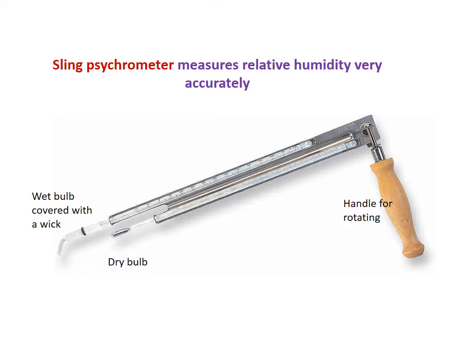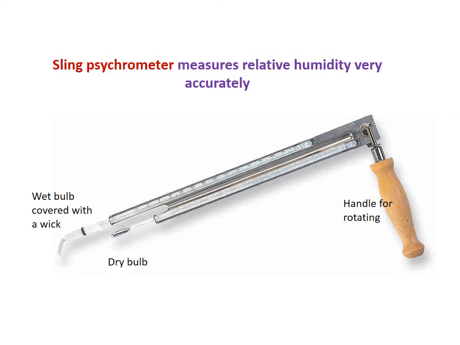So it has a wet bulb and a dry bulb. What you do is wet the wick with water, and with the wooden handle that you see on this instrument, you hold it tightly, and then you rotate both the thermometers very fast in the atmosphere where you want to make the measurement.